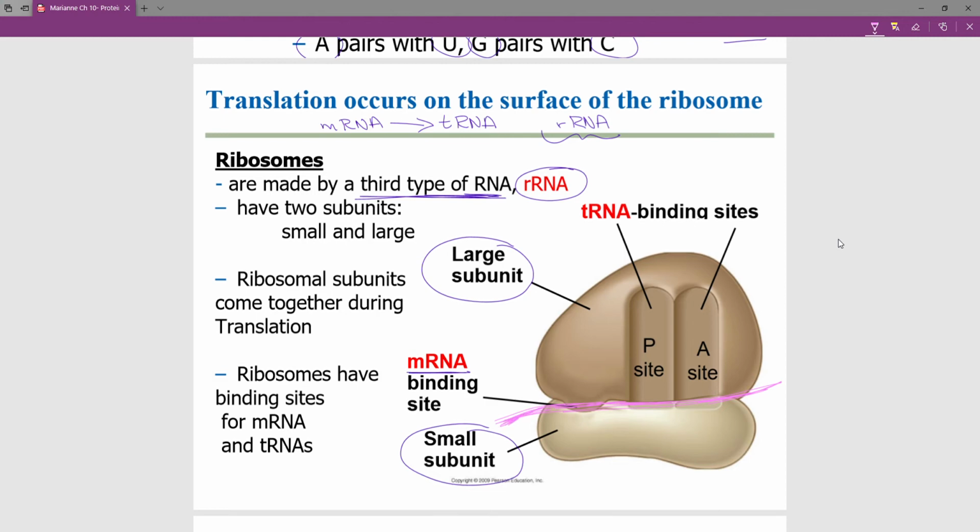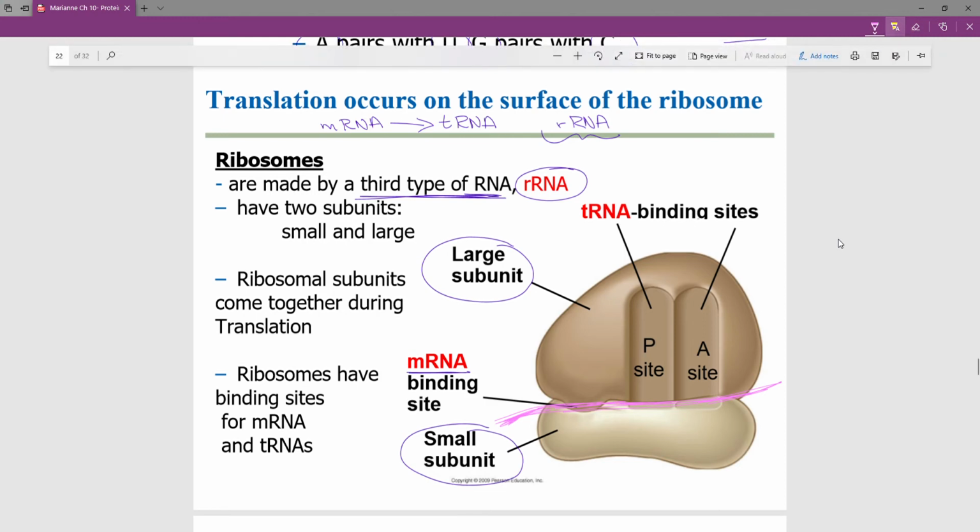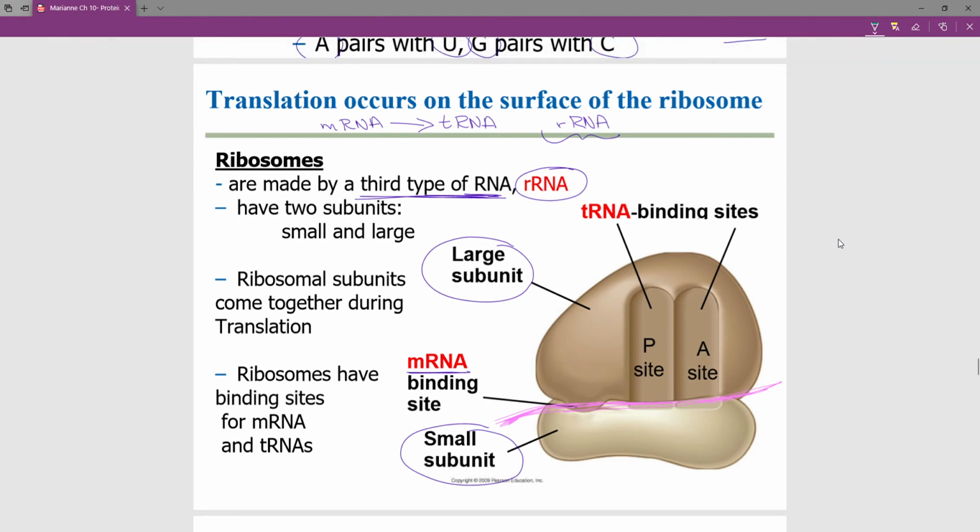Okay, the other thing on the large subunit is that it has 2 locations to hold the transfer RNA, the tRNA. So these binding sites for the tRNA are named the active site, or the A site, and the polypeptide, or the polymer site.